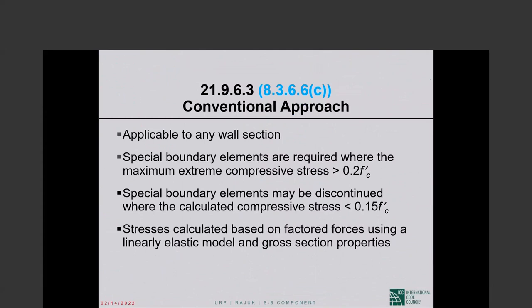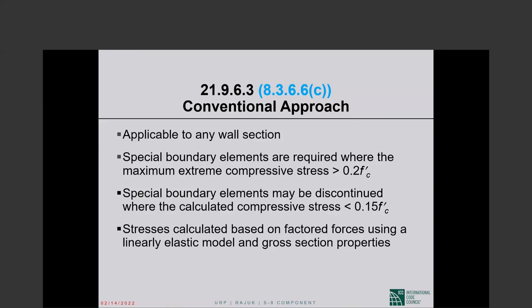Okay, that takes us to the conventional approach. Okay, so in the conventional, remember, up until 318-95, our threshold for requiring special confinement was the combined compressive stress due to P sub U and M sub U exceeding 20% of F sub C prime.